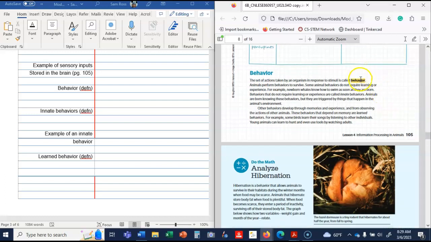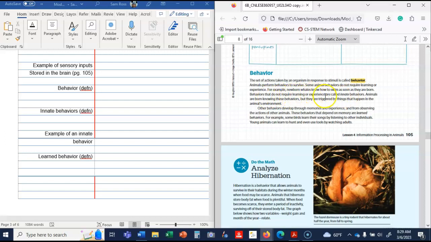Behavior. Here's a definition of behavior: the set of actions taken by an organism in response to stimuli. Innate behaviors are animal behaviors that do not require learning or experience.